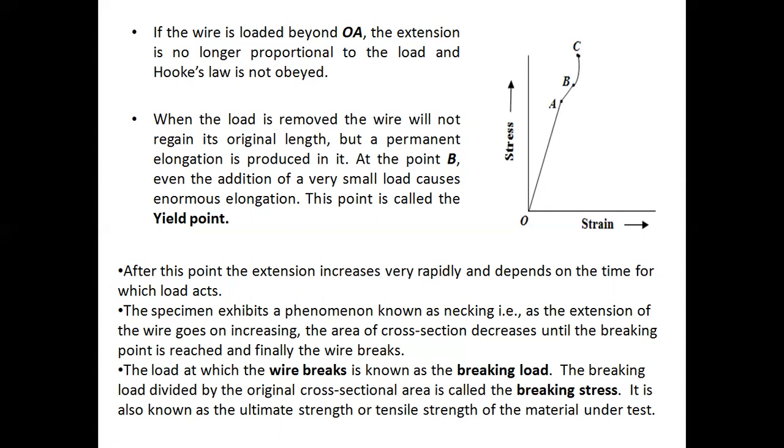The load at which the wire breaks is known as the breaking load. The breaking load divided by the original cross-sectional area is called the breaking stress. It is also known as the ultimate strength or tensile strength of the material under consideration. So this is all about the stress strain diagram.